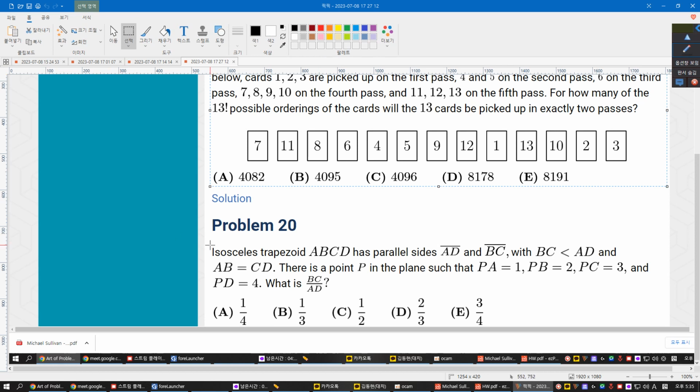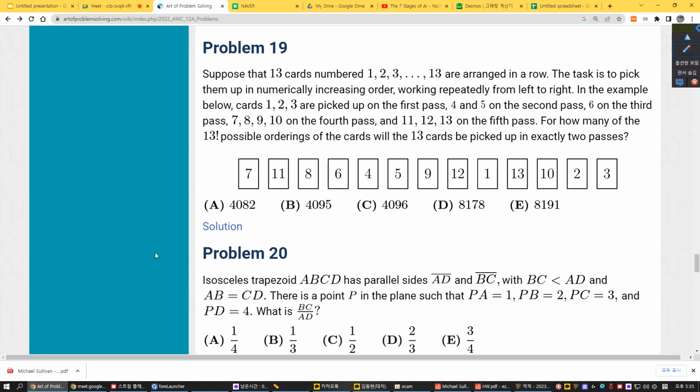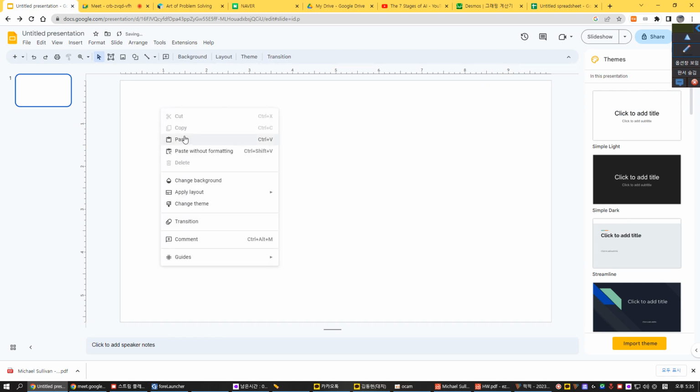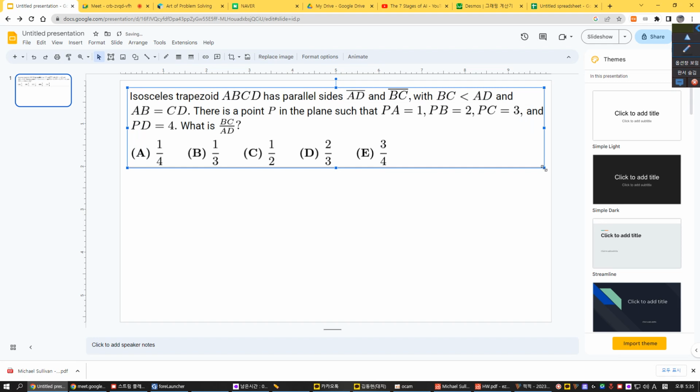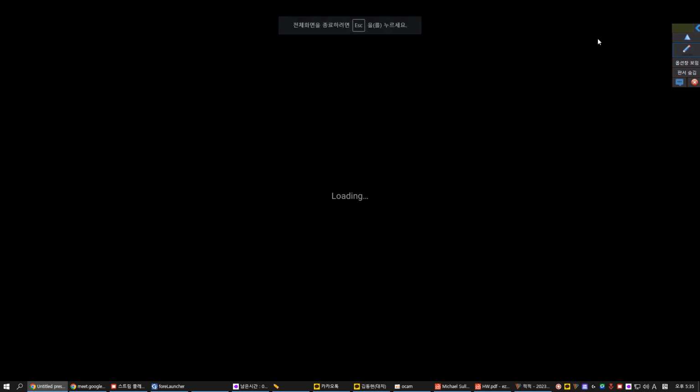Yeah, for number 20. There is an isosceles trapezoid.